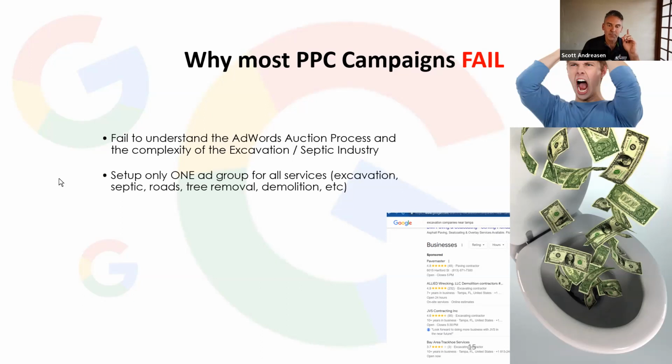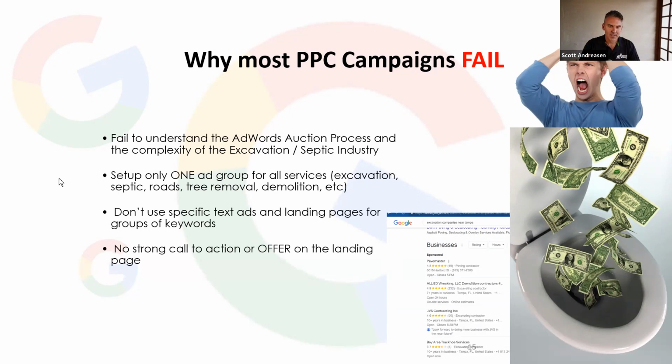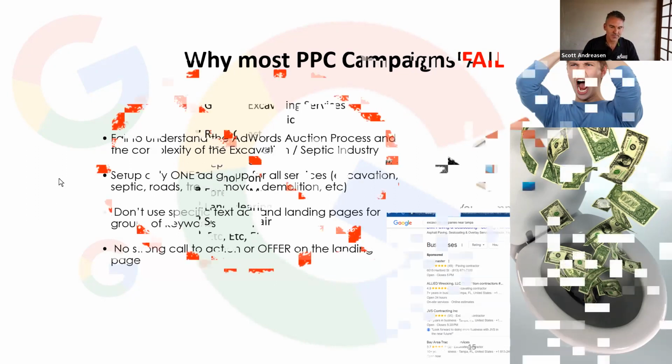They only set up one ad group for all services. So they will run one ad group for excavation, septic, roads, tree removal, demolition, all their services just under one thing. And they don't use specific text ads and landing pages for groups of keywords. And there's no strong call to action or offer on the landing page or in the ads. And I'm going to show you guys how to do that.